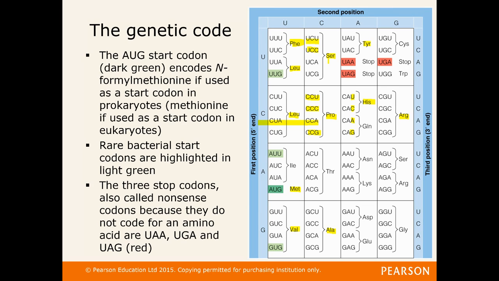Where things would be different and more detrimental would be here, UCU is serine, but over here, the second one gets changed to a U. Now you went from serine that's polar to phenylalanine that's nonpolar, bulky or aromatic. That could be very detrimental to proteins, right? We've spent so much time talking about their properties. And so a change from a polar to a nonpolar could be very damaging to that protein.